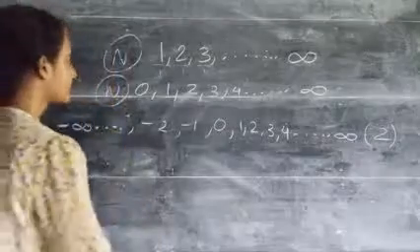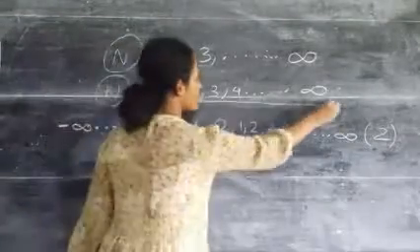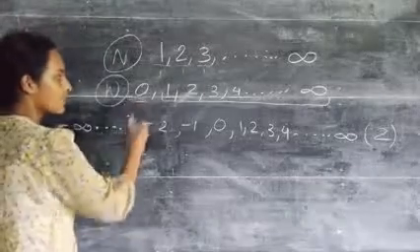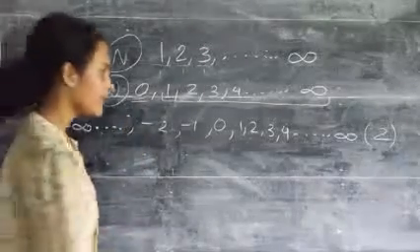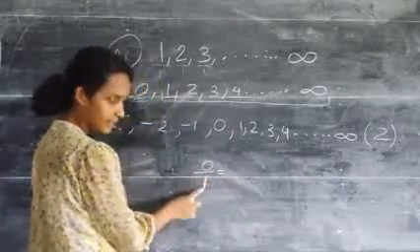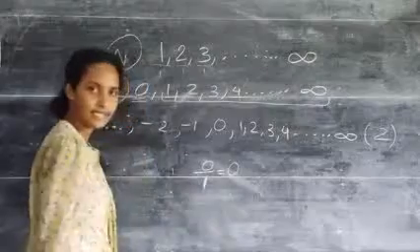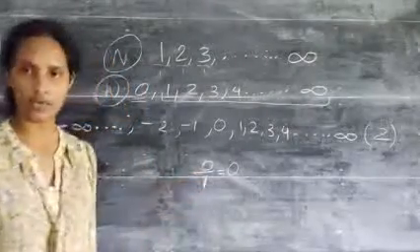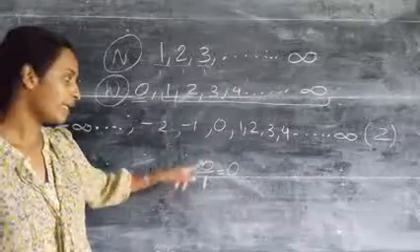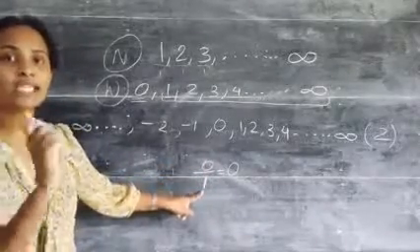Now, likewise, look at this. All natural numbers are integers, right? Now a special case: 0 in whole numbers. Can I write 0 as 0 by 1? What is 0 by 1? Any number divided by 1 is that number itself, right? So 0 by 1 is 0. That means I can write 0 also in the form of p by q, where q is not equal to 0.